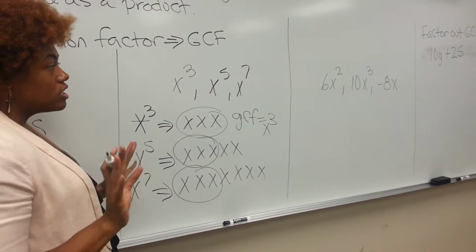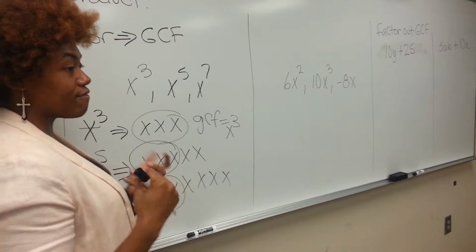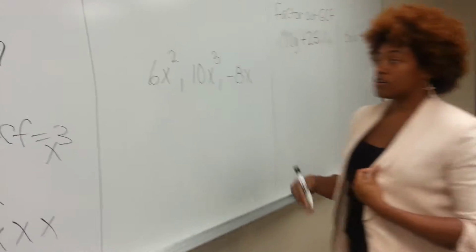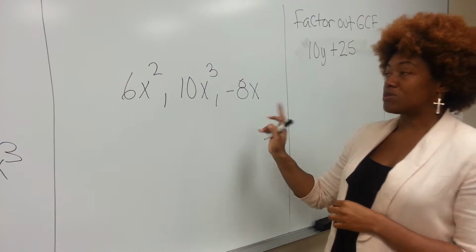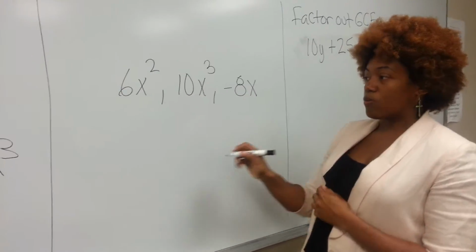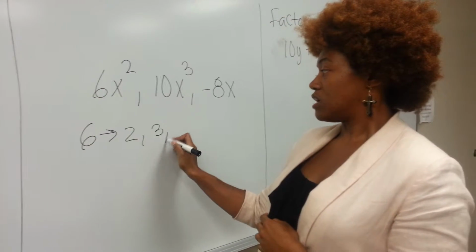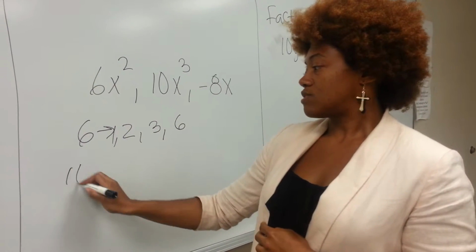Okay? So moving down a little further, you can have numbers and variables put together. So if I have the greatest common factor of 6x squared minus 10x cubed and negative 8x, well, what are my factors of 6? That would be 1, 2, 3, 6. What are my factors of 10?